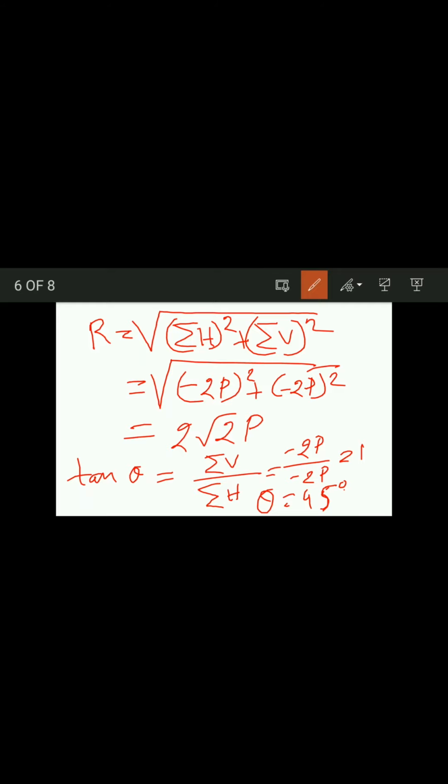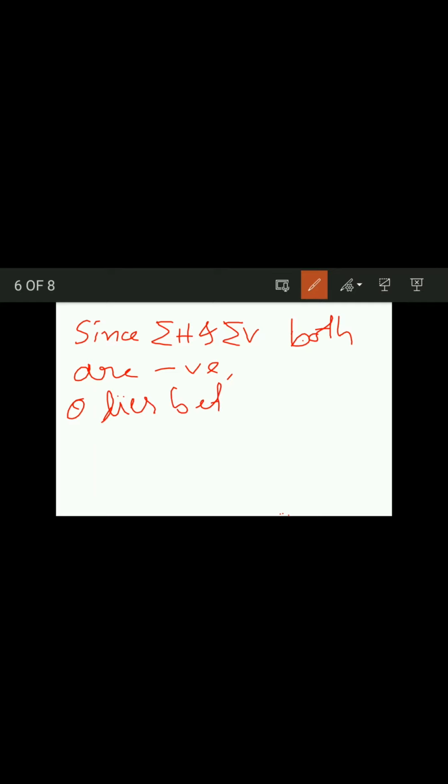Since summation H and summation V are both negative, theta lies between 180 degrees and 270 degrees. So the actual value of theta is equal to 180 degrees plus 45 degrees, that is 225 degrees.